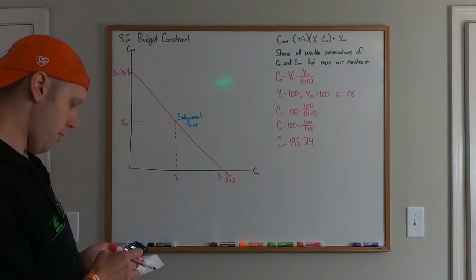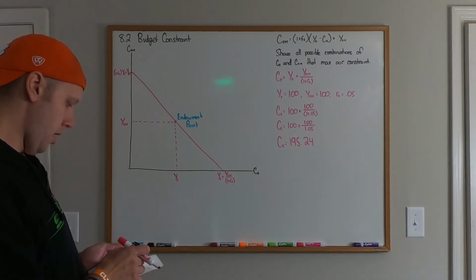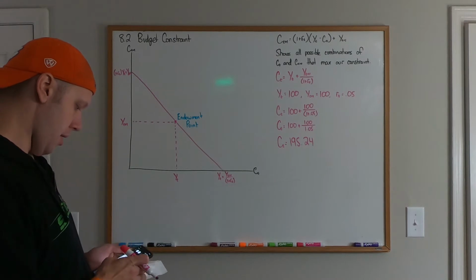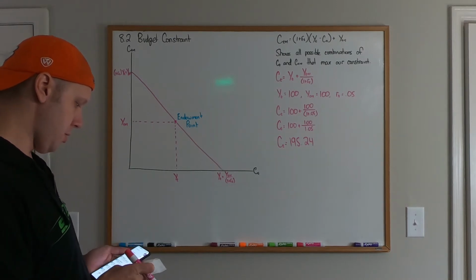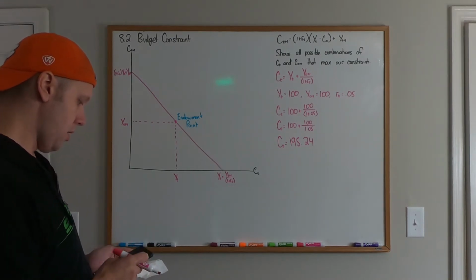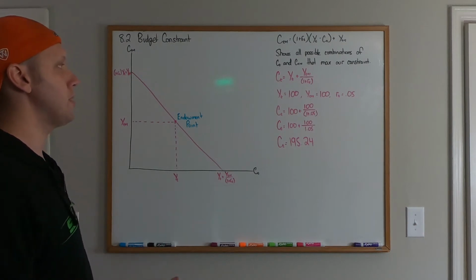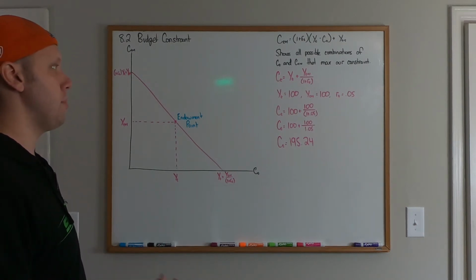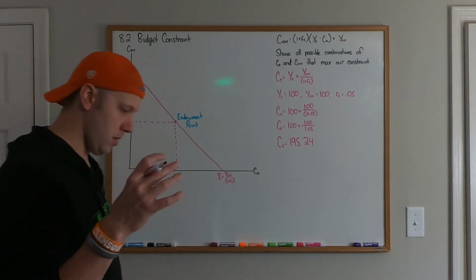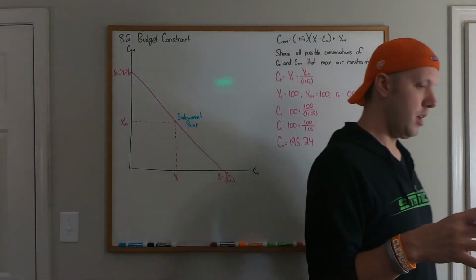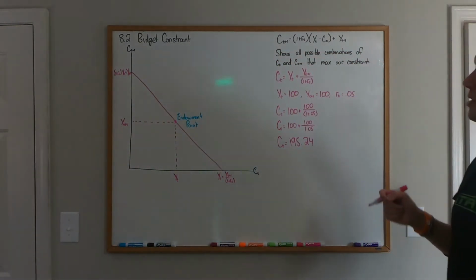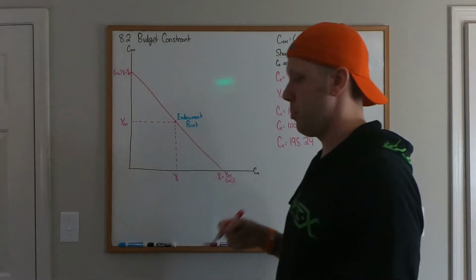Right, so by borrowing from myself, I end up not being able to consume as much as my lifetime earnings because I want it all now, right? I'm being impatient. Now, just to clarify, this is only looking at the budget constraint. This is not looking at individual preferences, right?